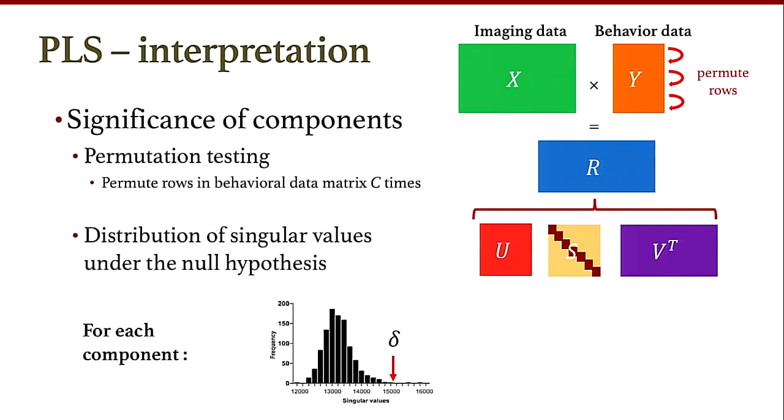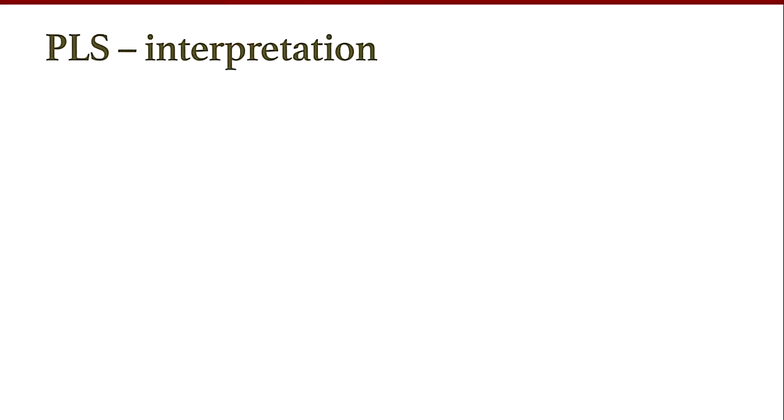In the end, for each component, you will have a distribution of the singular values that you got from each permutation of your data, and you can compute a p-value by simply summing all the singular values from a permutation that were higher than your original singular value, and dividing it by the number of permutations. You add a 1 on both sides, and you have a p-value for each of your components.